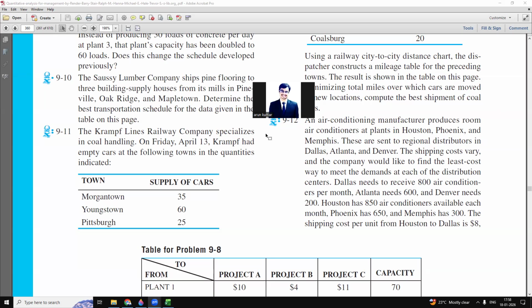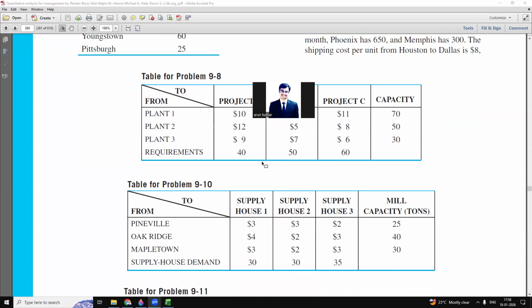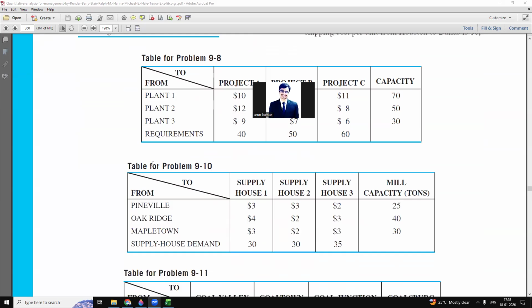The Saussy Lumber Company ships pine flooring to 3 building supply houses from its mills in Pineville, Oak Ridge, and Mapletown. Determine the best transportation schedule for the data given below in the table on this page. For this question, we have a table.